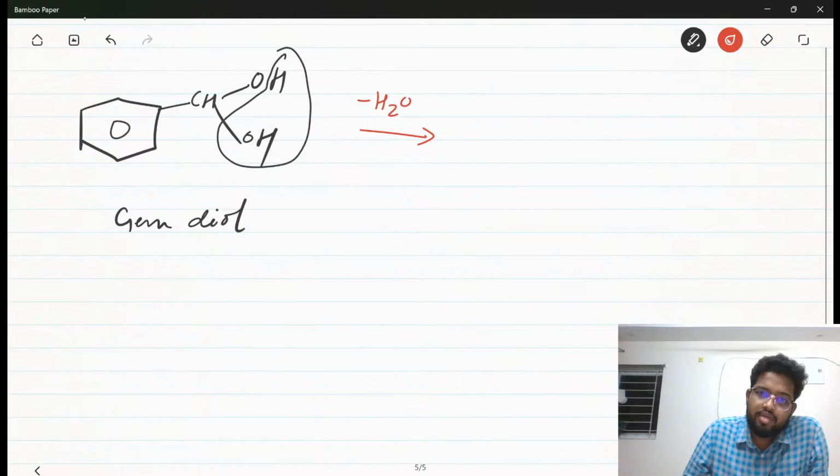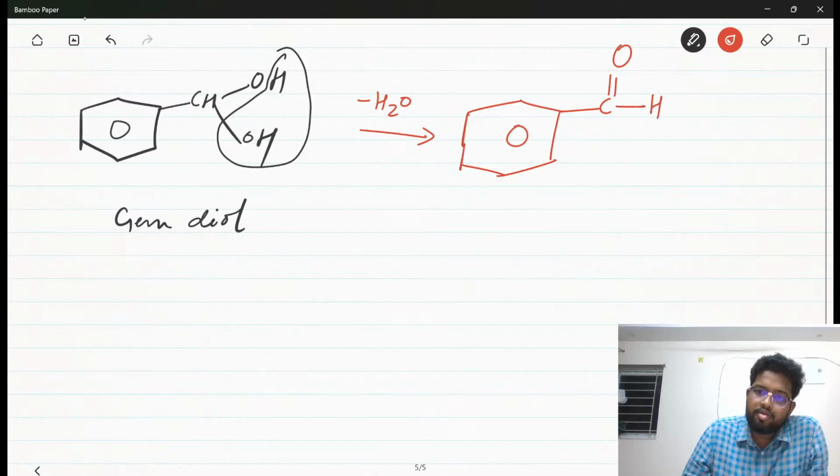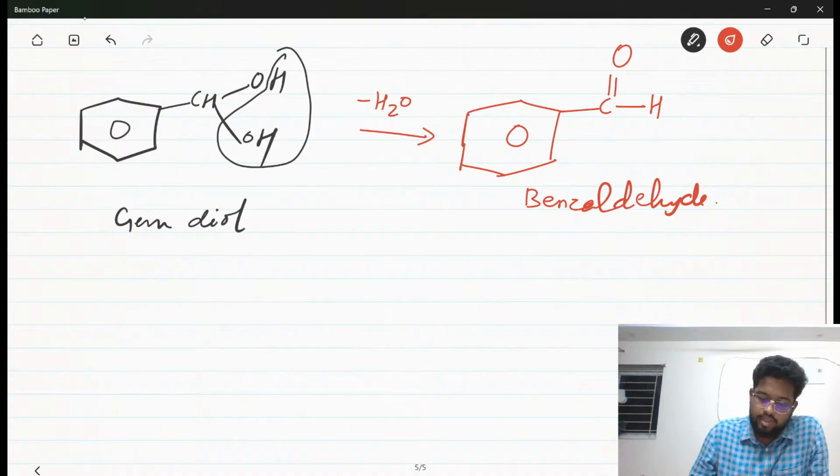And if I remove that water molecule, we get C double bond OH, formation of benzaldehyde.